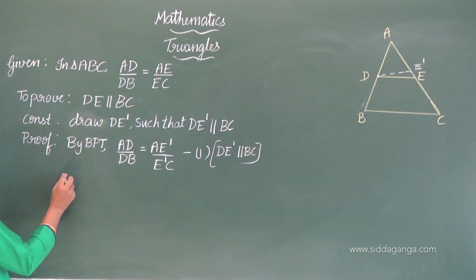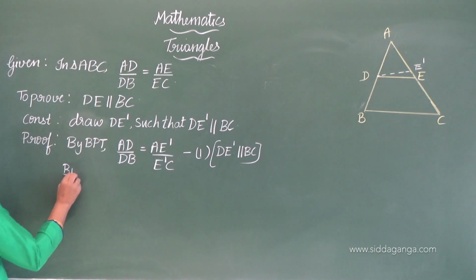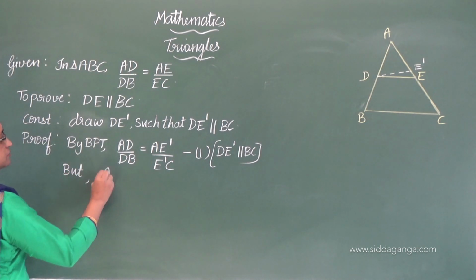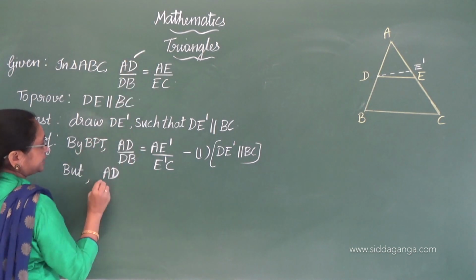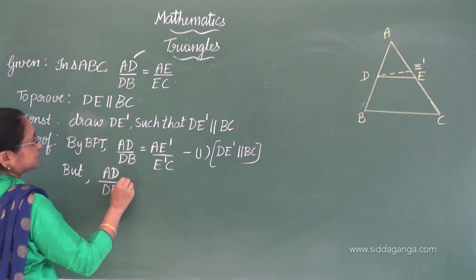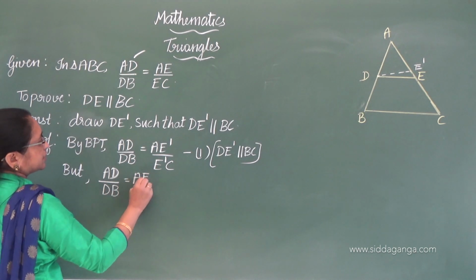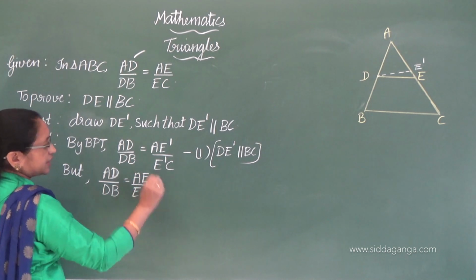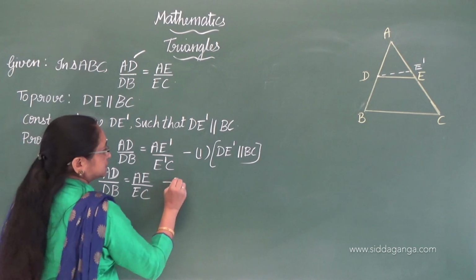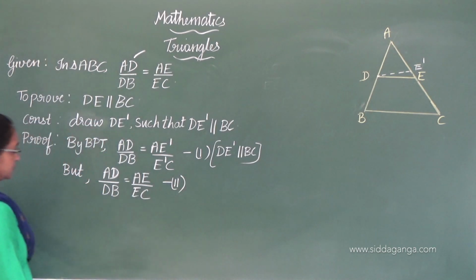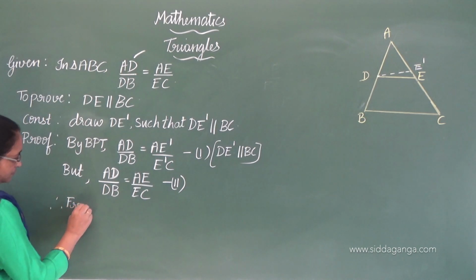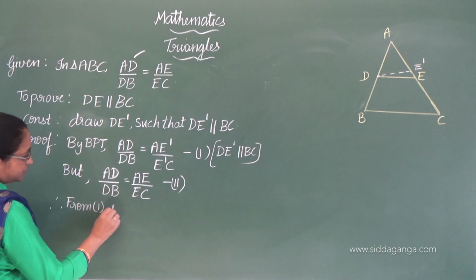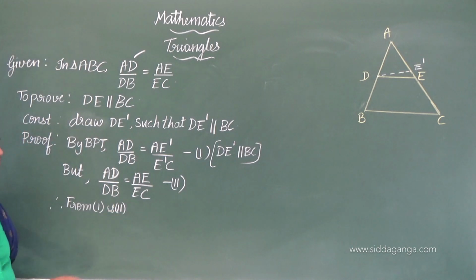Next, but we have here AD by DB is equal to AE by EC. We have this already, this is the second result. Therefore, from 1 and 2, what do we have?